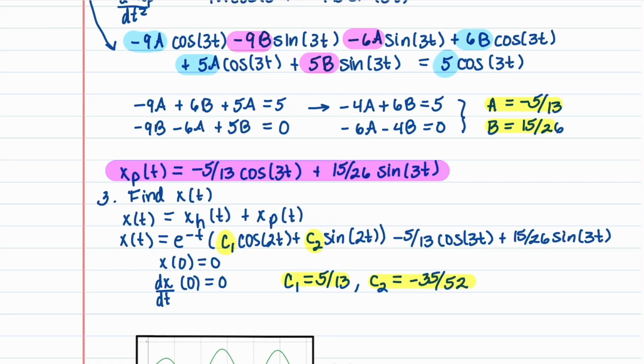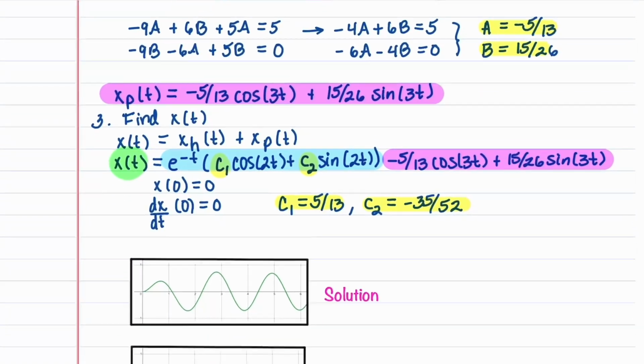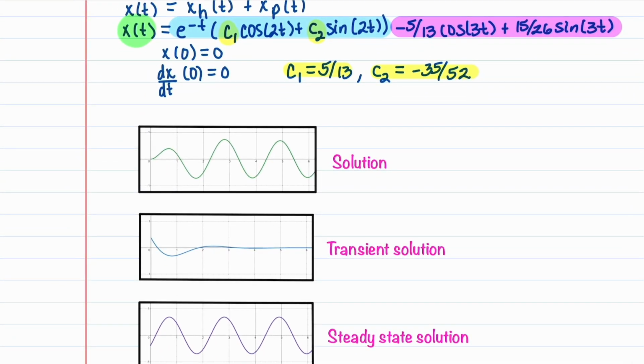Now here's one of the most important parts of this video. I want you to understand our solution. Our solution is x of t, and it's made up of our homogeneous solution and our particular solution. Down here, I've graphed the solution. You can see that it's oscillatory and that the amplitude is smaller at the beginning and then grows and then stays the same.